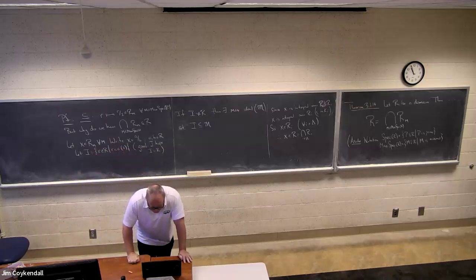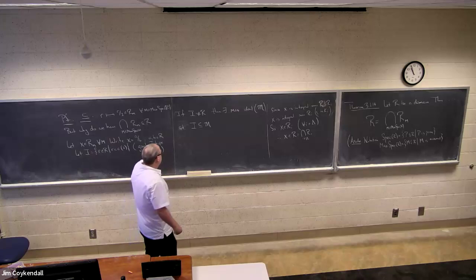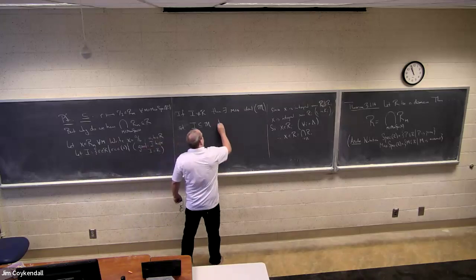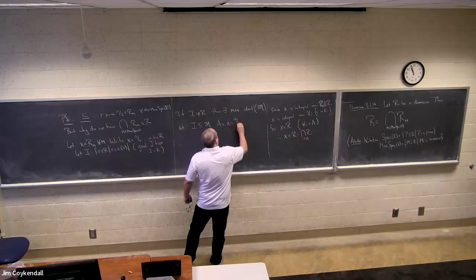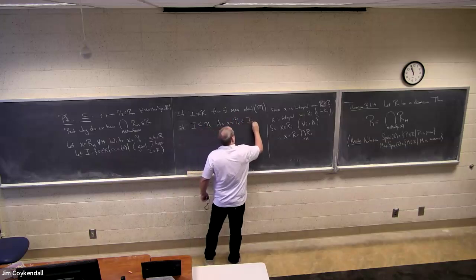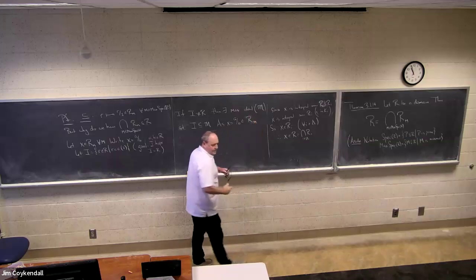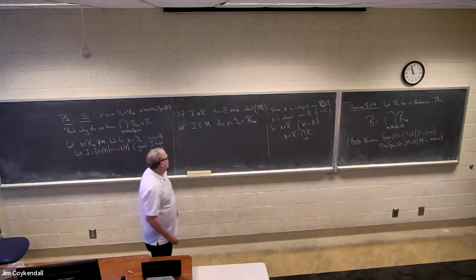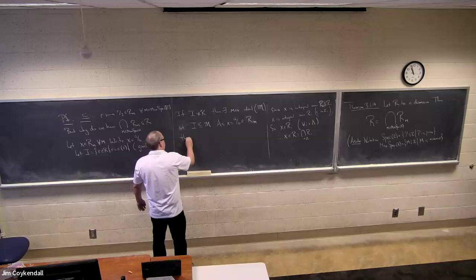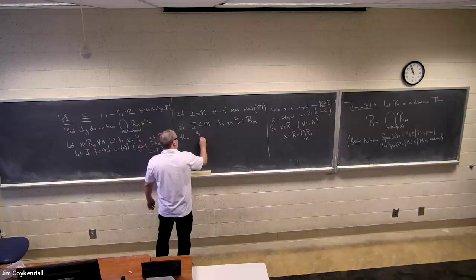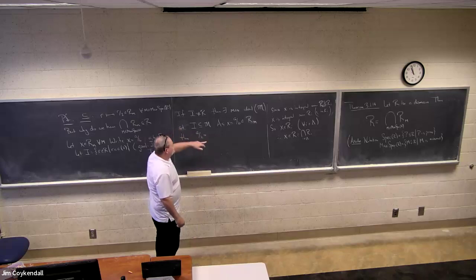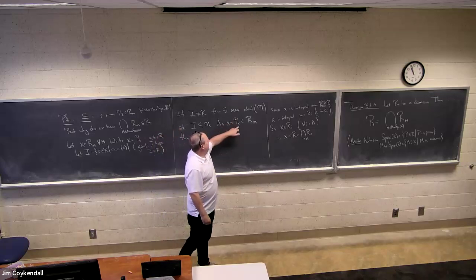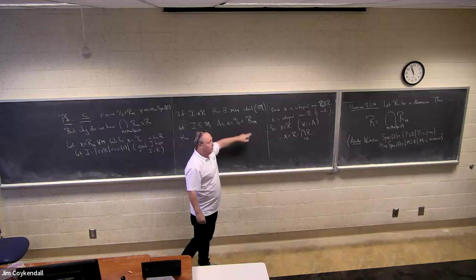And so, notice that X is in R localized at M. Then we have that A over B is in this particular localization.